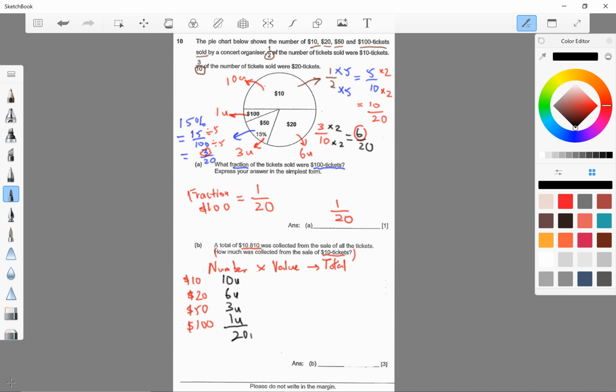Okay, 20 units. So how about value? If I take 10 units and multiply by $10, what will happen?